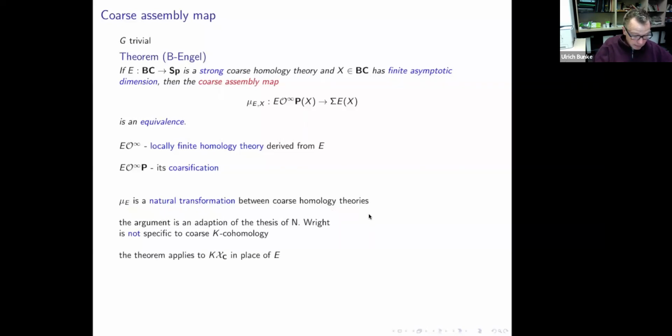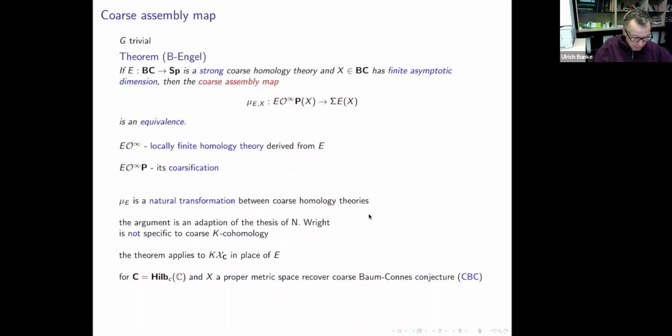And if one applies it to K-homology and specializes coefficients to the Hilbert spaces with compact operators and proper metric spaces, then one can identify this coarse assembly map with the usual coarse Baum-Connes assembly map. So that means that this theorem reproduces the coarse Baum-Connes conjecture by a purely homotopy theoretic argument. So there's no analysis at all in this.